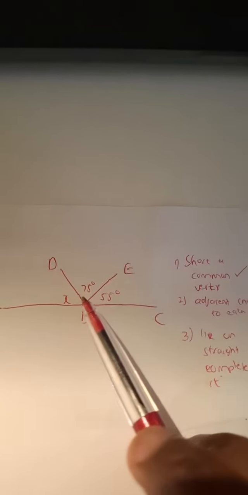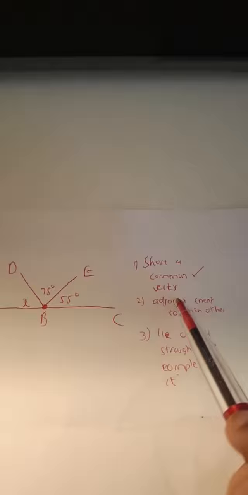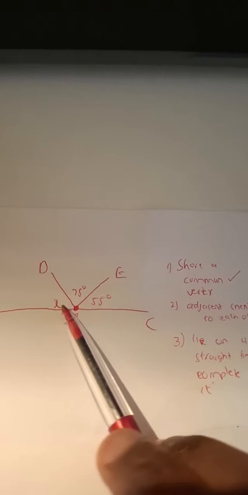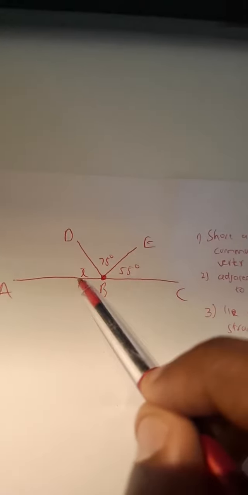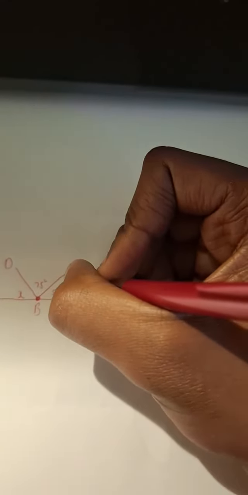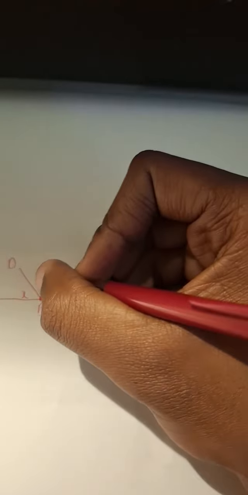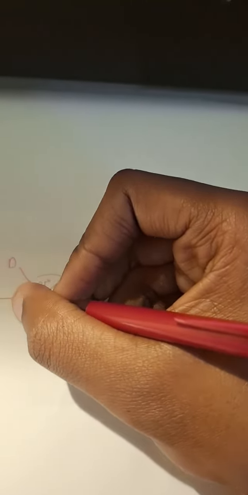And three, they are lying on a straight line, sharing a common vertex. And what do they do as well? From here to there, from there to here, and then from here to there, completes the straight line. So they are adjacent, next to each other, and they lie on a straight line and complete it.